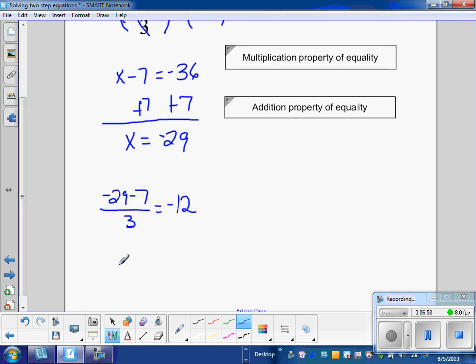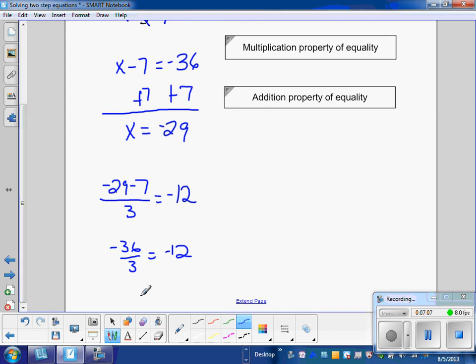Negative 29 minus 7 is negative 36 over 3. Negative 36 divided by 3 is negative 12. So it does check.